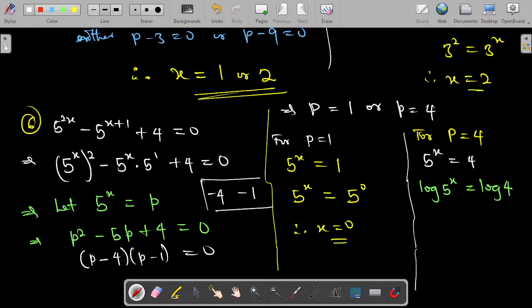So we can bring it down, and if it comes down, you will now have x log 5 is equal to log 4. So that is going to give us x alone is equal to log 4 all over log 5. And this is your solution.